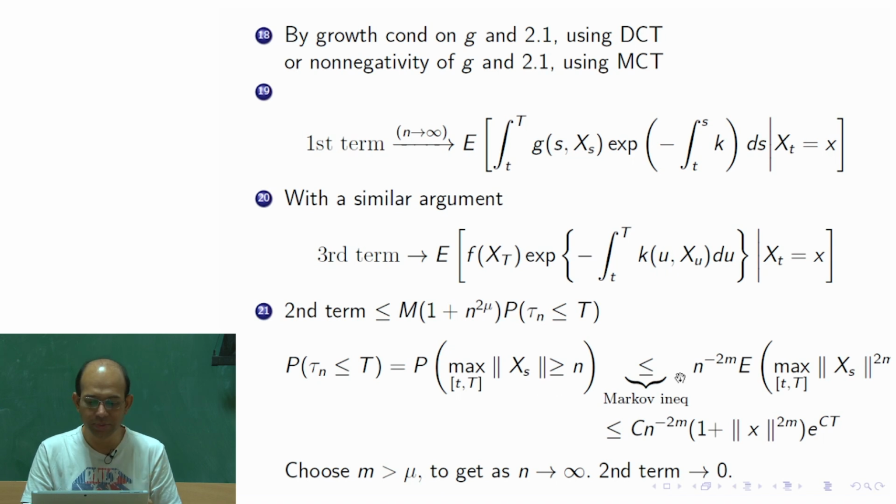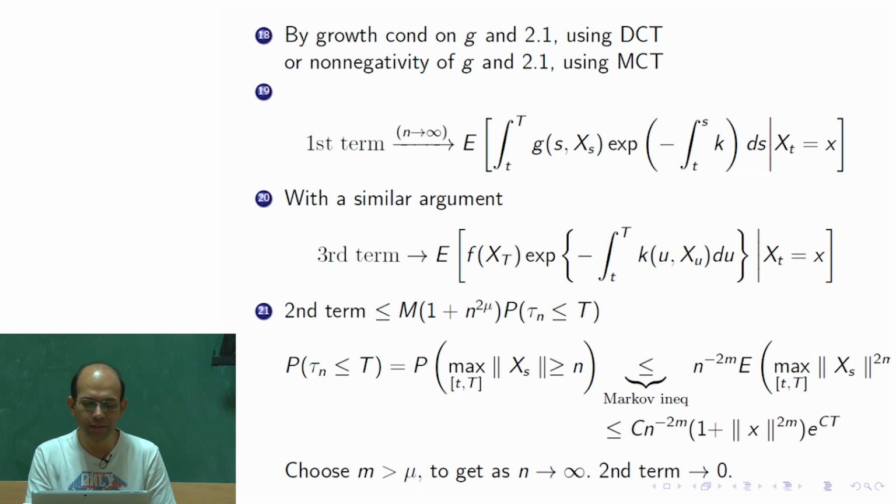Markov's inequality says that the expectation of a non-negative random variable is greater than or equal to a times the probability that the variable is more than a. So here the norm is more than n, and if you write this to the power 2m, then n to the power 2m times the probability that norm of X to the 2m is greater than n to the power 2m is less than or equal to the expectation of this to the power 2m, correct.